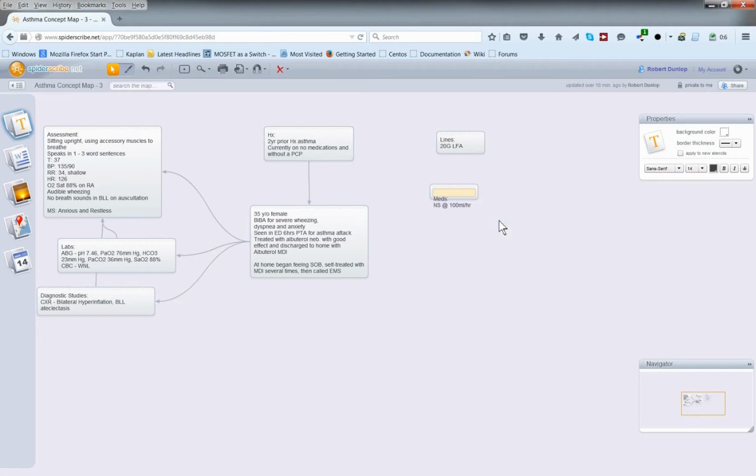And this is just to make sure that we have a patent line if we need it. It's not that she's particularly dehydrated or necessarily needs fluids.